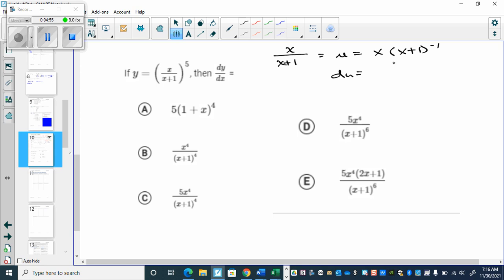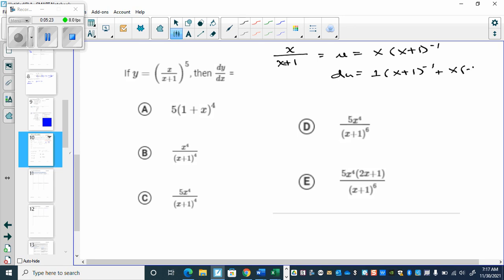using the product rule here, I have 1 times x plus 1 to the negative 1 plus x times, you could use the product rule, or if you wanted to do it this way, you could do the quotient rule.